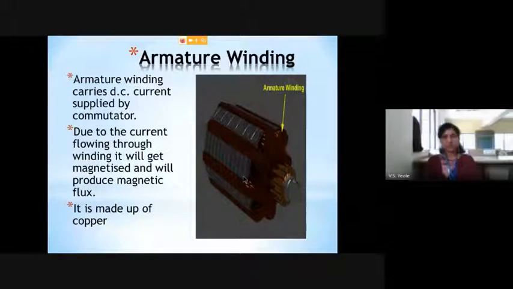And these two fluxes will exert a pressure on the armature so that it will rotate in a particular direction. This is called as torque. Torque means force exerted on the armature into distance traveled by the armature. So that is called torque.